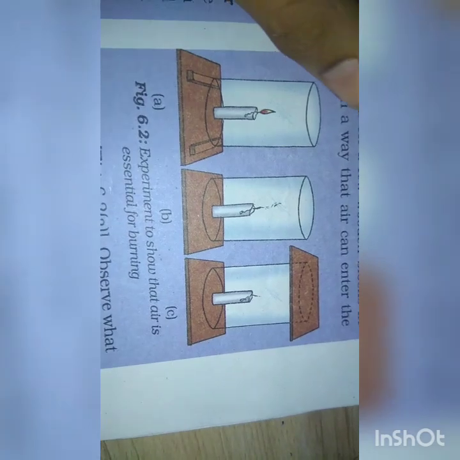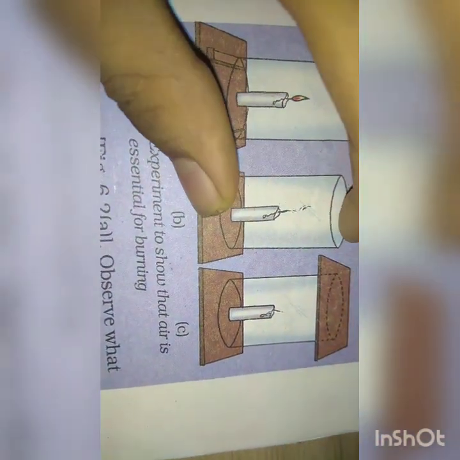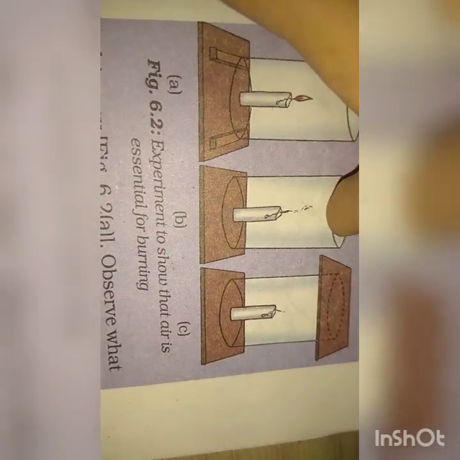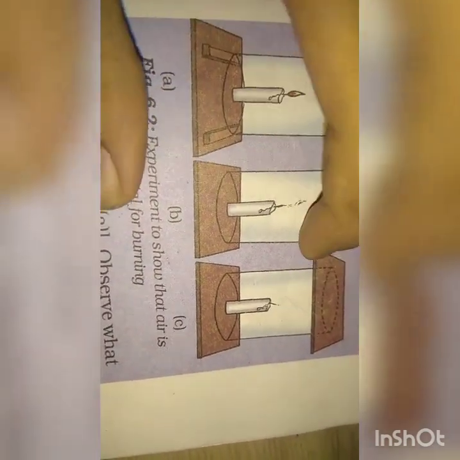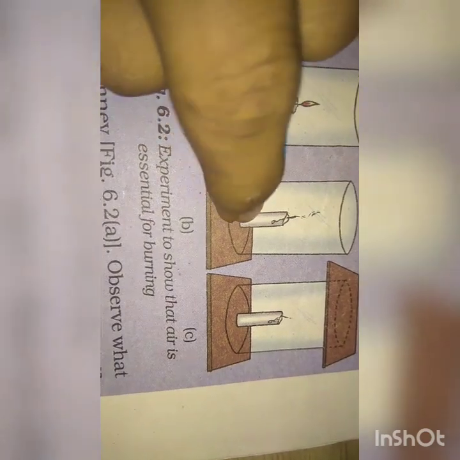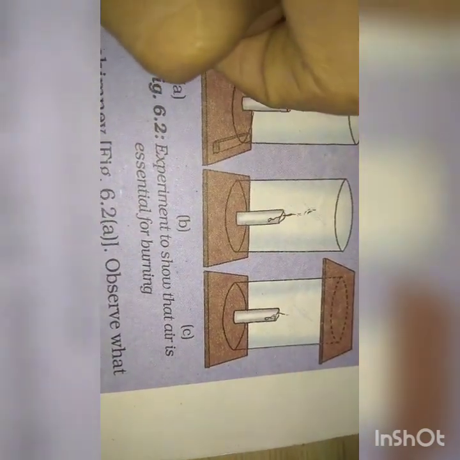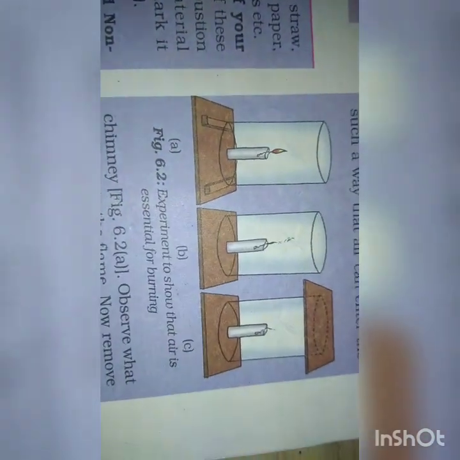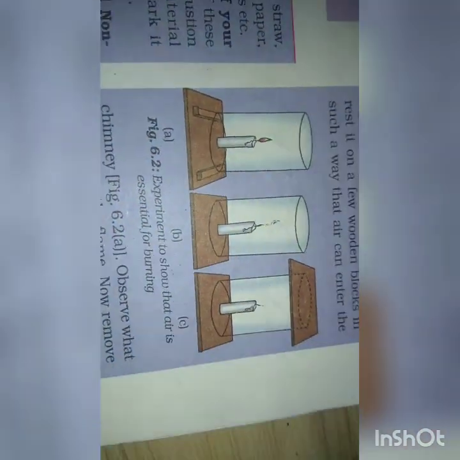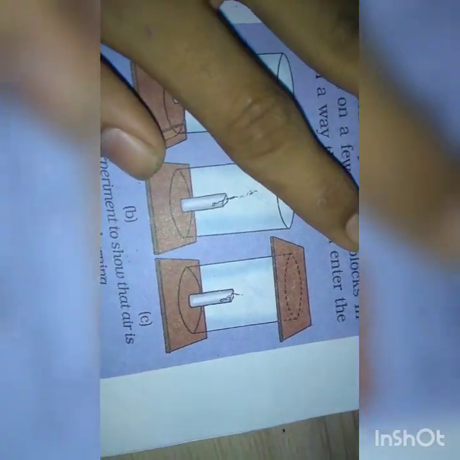But in the next activity, you can see that one part of the candle is blocked, and the flame flickers and smoke is coming out. So in this process, it gives out smoke.